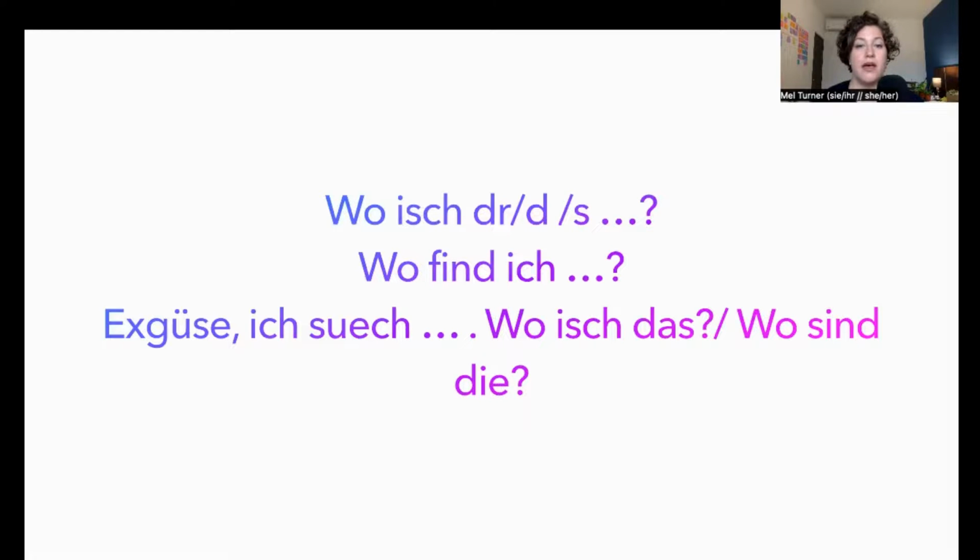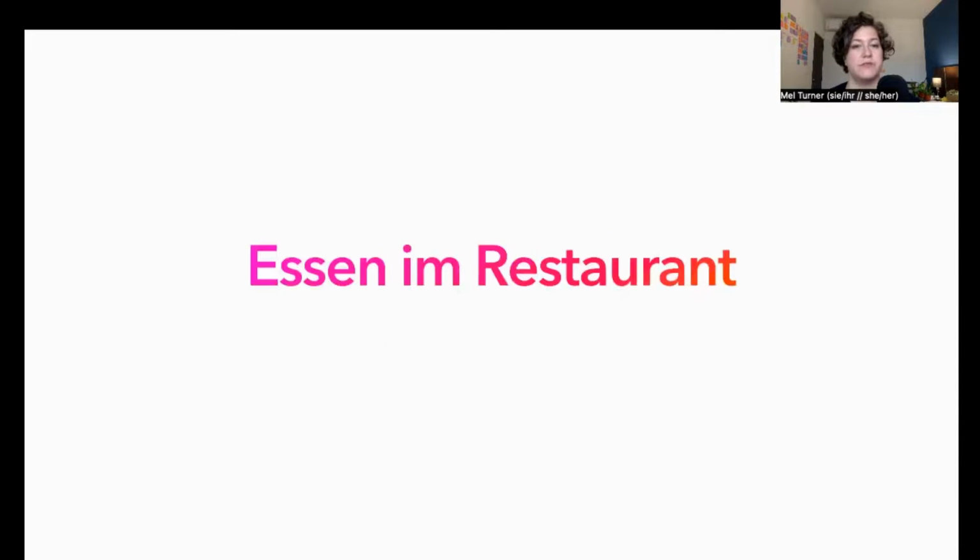Etc. And then, Entschuldigung, excuse. Ich suche Kiwis. Oh, we didn't have that. Ich suche Trauben. Ich suche Äpfel. Wo ist das? Wo sind die? Very good. And then we come to Essen im Restaurant, eating in a restaurant.